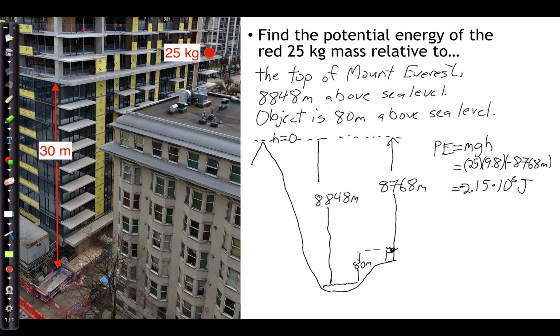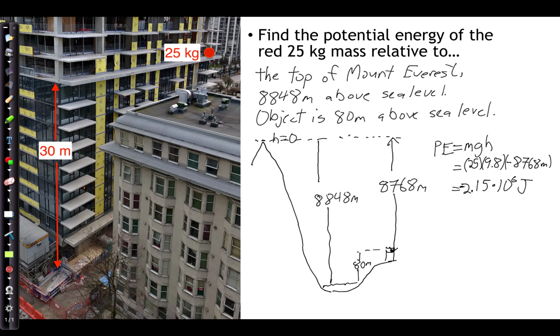And again, I asked you the question, does our choice of h equals 0 actually change that mass just sitting right there? It's just sitting right there, not dropping, not doing anything. But I chose h equals 0 in a number of different places. Did that choice change that object? And I would say no, because otherwise we would be saying that my thoughts, my choices would actually change the physical state of an object, and that's almost implying telekinesis.